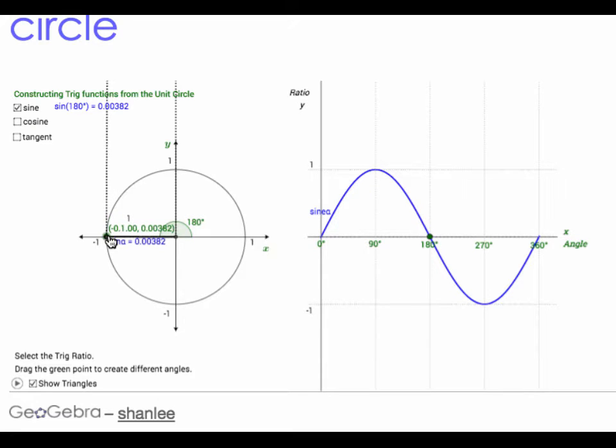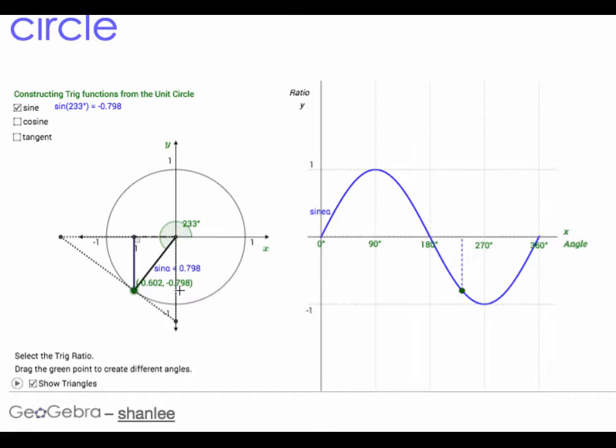Now, when my y value becomes a negative y value based on its location on the xy plane, look at what happens to the graph of the sine function. It becomes negative. The reason for that is that here, my y value of this point is negative 0.798. The hypotenuse is still 1 because it's the radius of the circle.